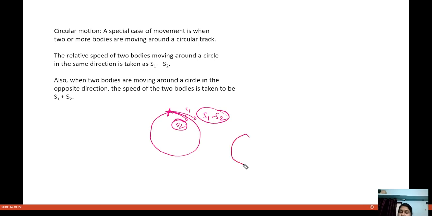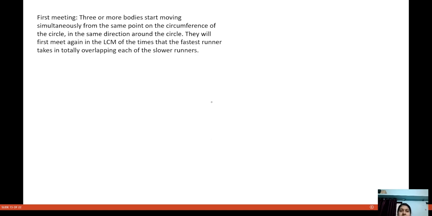If one is moving at s1 and another at s2 speed, their relative speed will be s1 minus s2. Now, if you have a circular track and they are moving in opposite directions, their relative speed you will take as s1 plus s2. Fine.